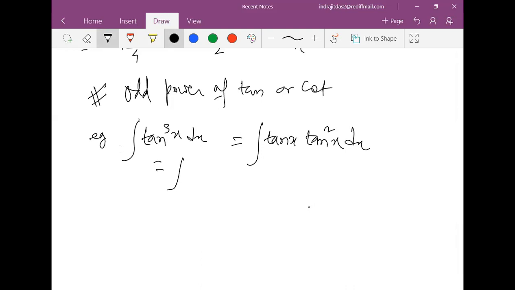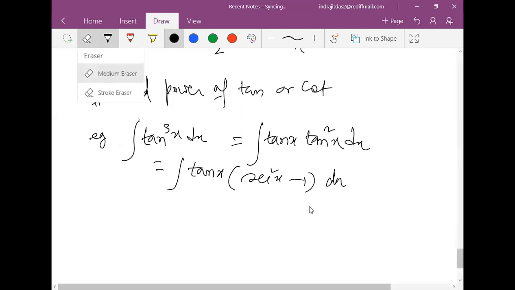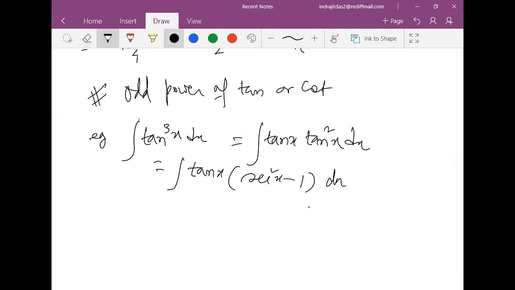Then it is tan x into sec square x minus 1, because the formula is tan square x equals sec square x minus 1. Now open the bracket: tan x sec square x dx is the first part, minus only tan x dx.